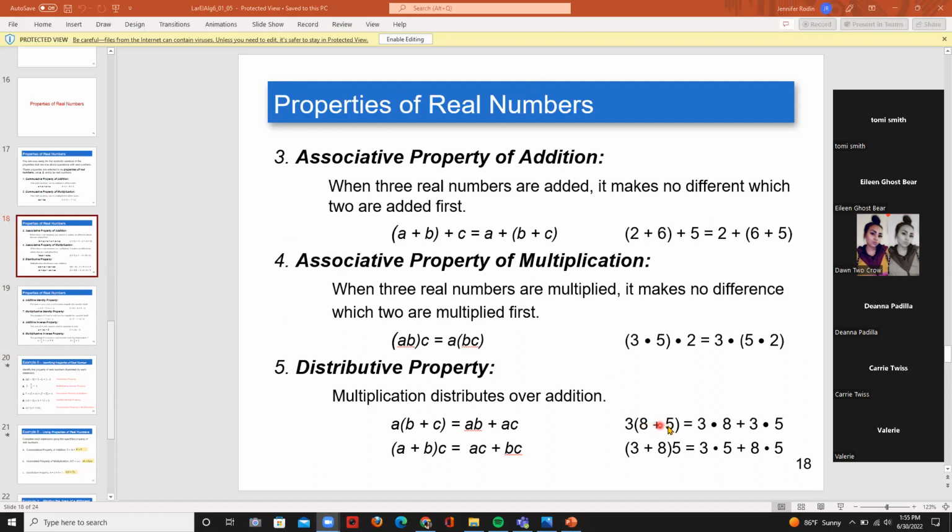Normally you'd use your order of operations and do 8 plus 5 is 13 times 3. Then you'd get 39. But this is just demonstrating the property. So 3 times 8 plus 3 times 5 is another way to write it using the distributive property. And you'd still get the right answer. 24 plus 15 is 39.